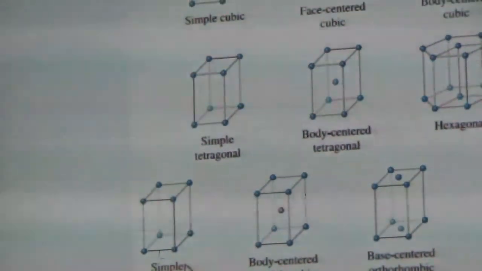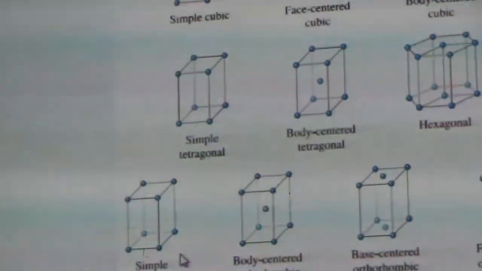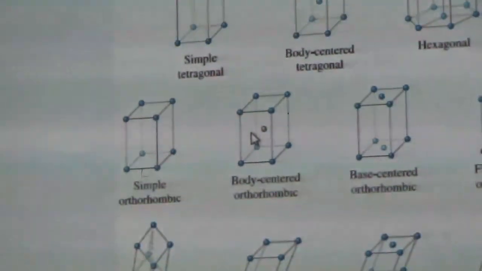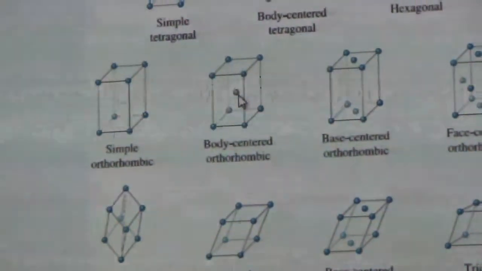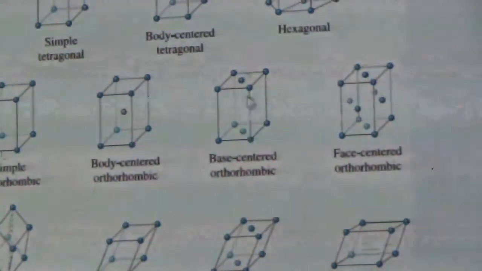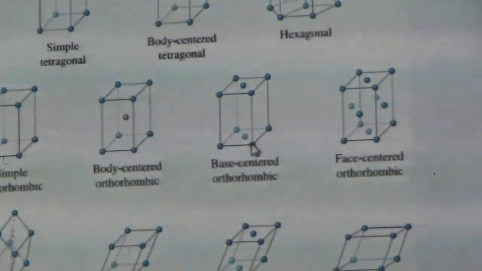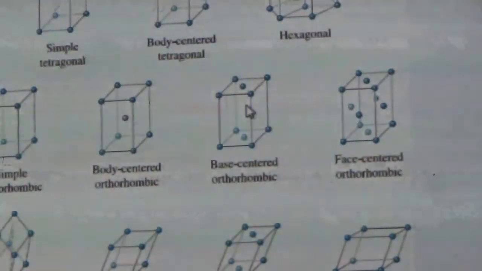Easily visualized with the help of a diagram. This is a simple orthorhombic. Again, if an atom is existing at the center of the unit cell, it is body centered orthorhombic. Now see, only atoms lie at the lower base and the upper base. It may be a possibility, like in hexagonal structure.